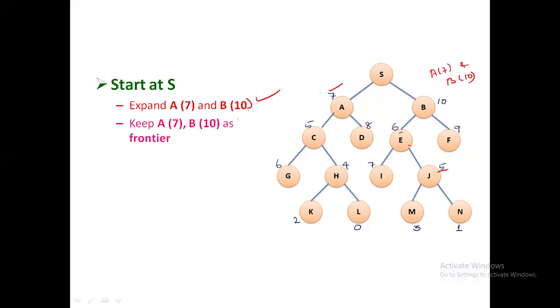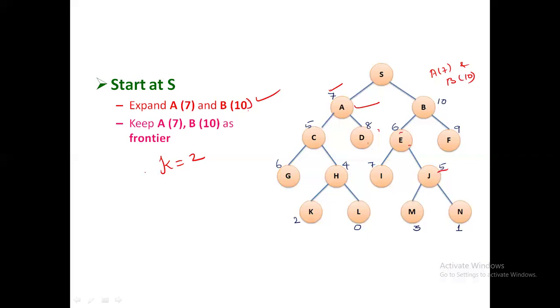Since the k value is equal to 2, we keep the two best nodes based on the heuristic values. The nodes A of 7 and B of 10 are added to the frontier list, meaning that they will be expanded in the next step. At this point, S has been explored, so we add it to the explored list.